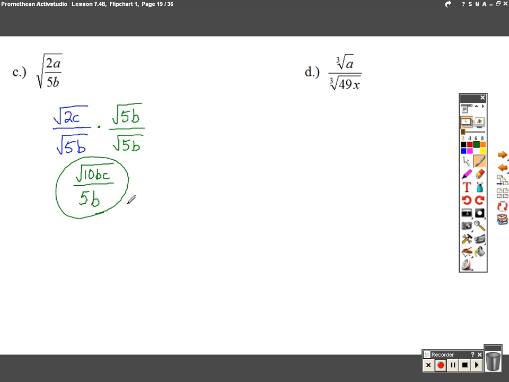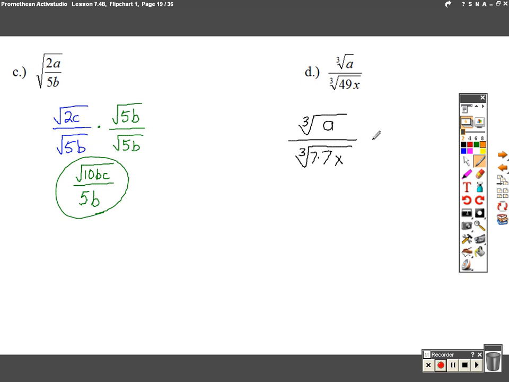Now in letter D, the quotient rule of radicals has already been applied for us. It's already broken apart. Now I need to create a perfect cube in the denominator. So what I should do is factor the radicand of the denominator any way that I can. I can rewrite 49 as 7 times 7, and then we have an x there.